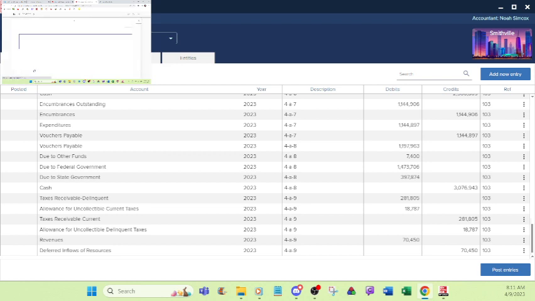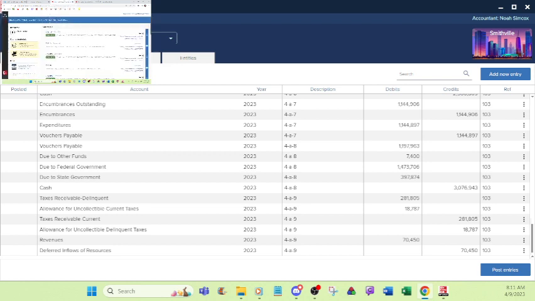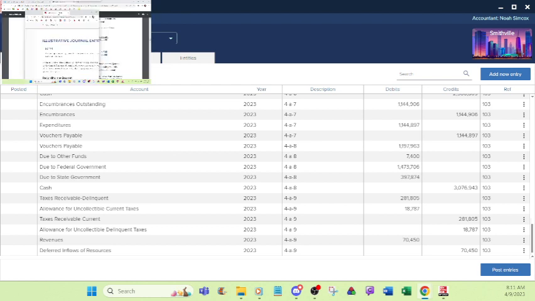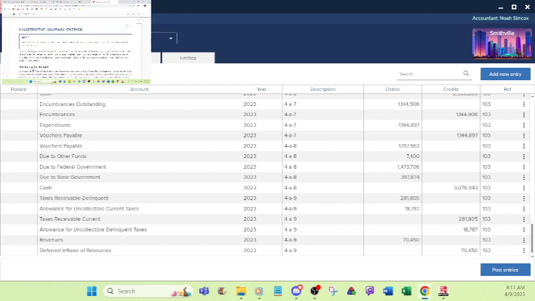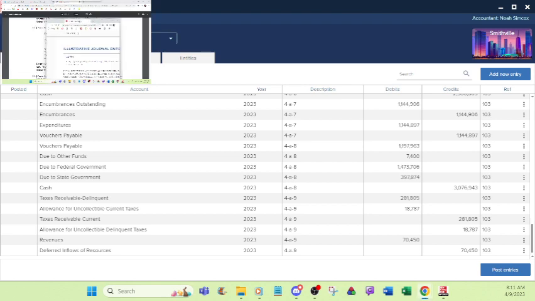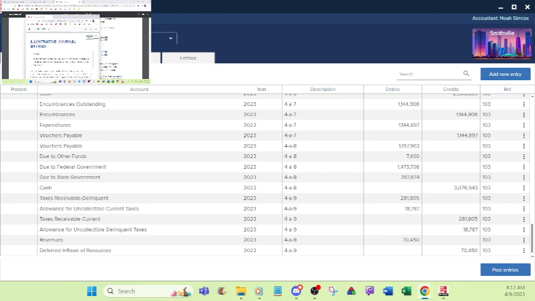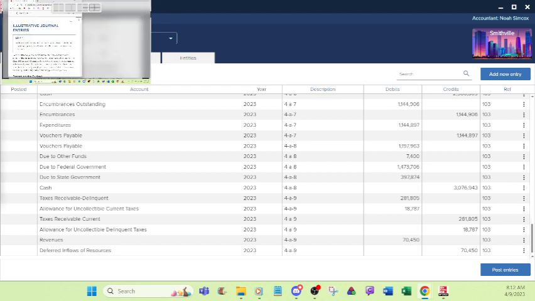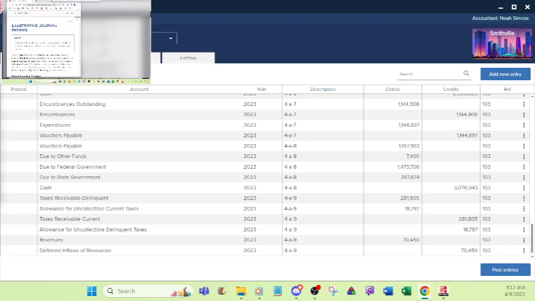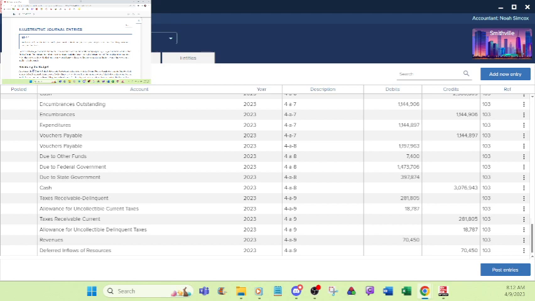Like, no. Can I have a top and bottom screen instead of a left and right screen? They don't have a top and bottom option. This is ridiculous.